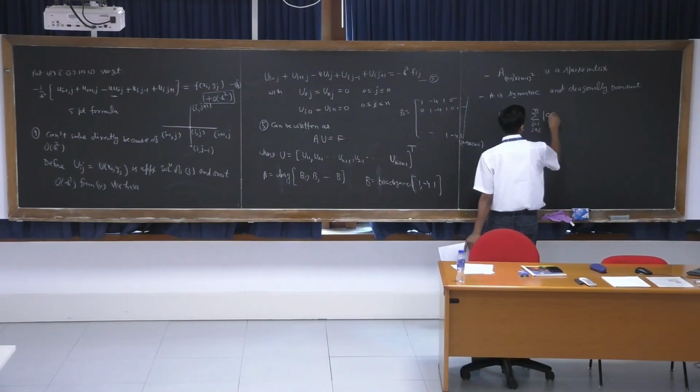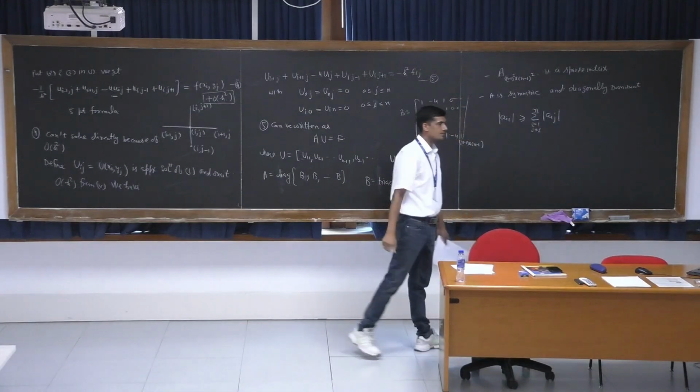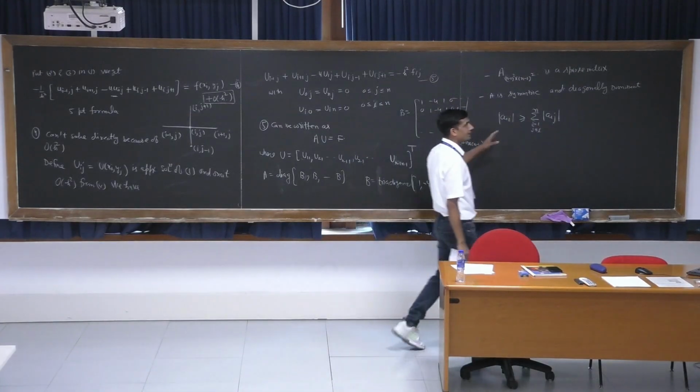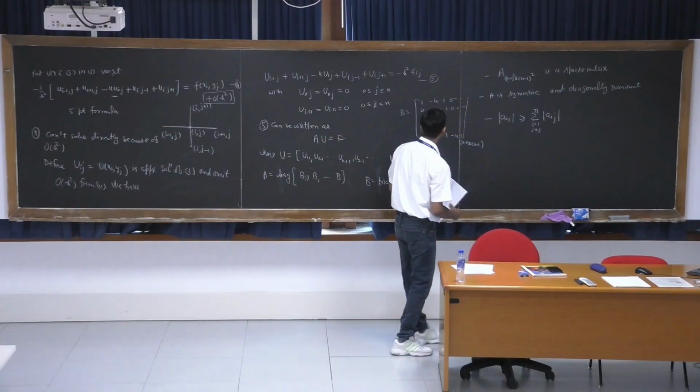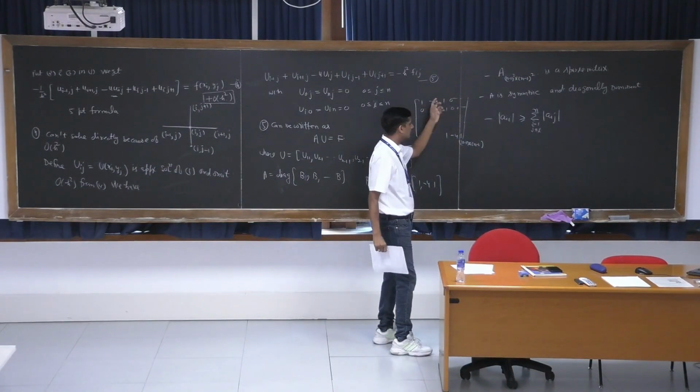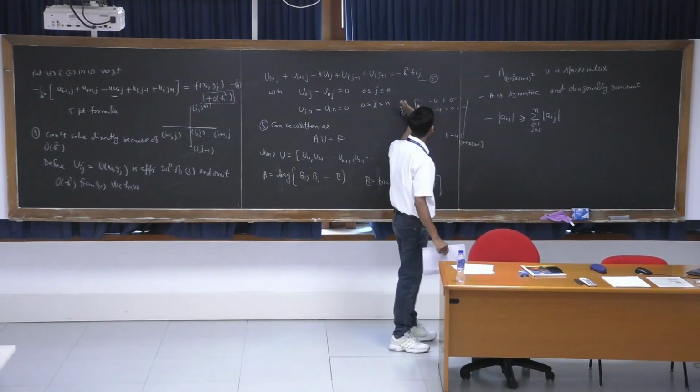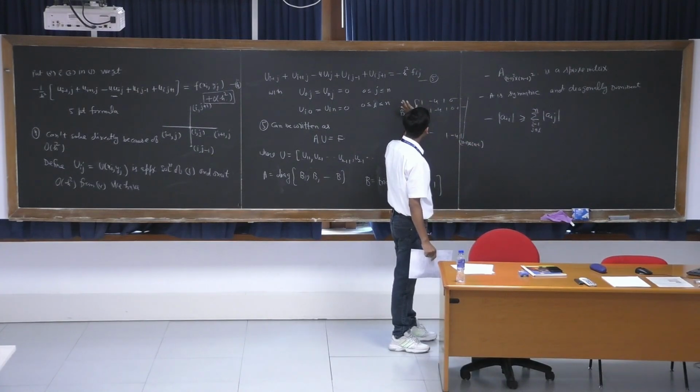If this happens, we can say that the matrix is diagonally dominant.